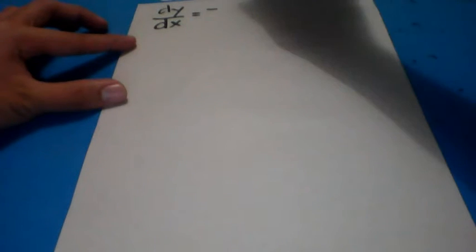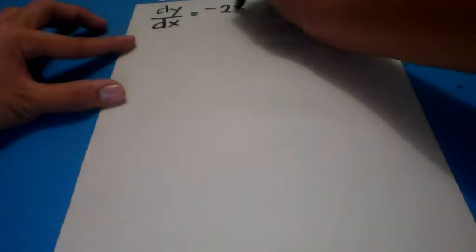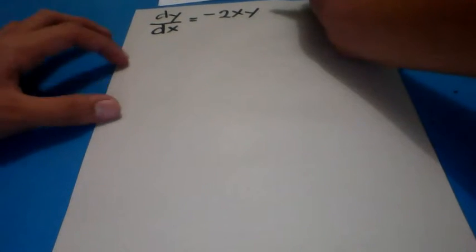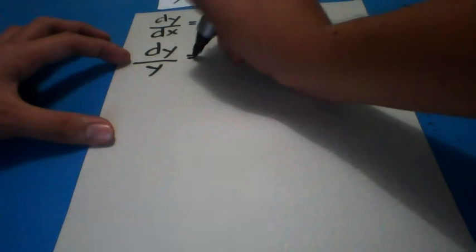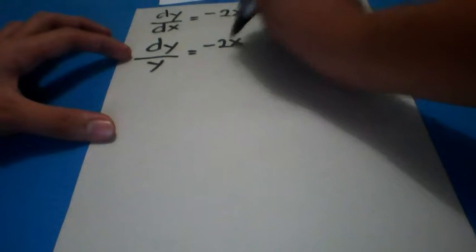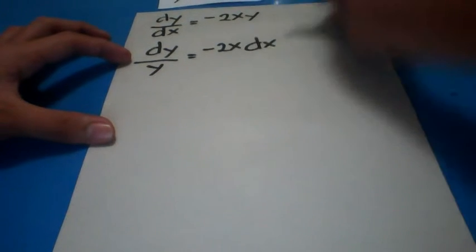Since y prime is equal to dy over dx equal to negative 2xy, to separate, you have dy over y is equal to negative 2x dx.